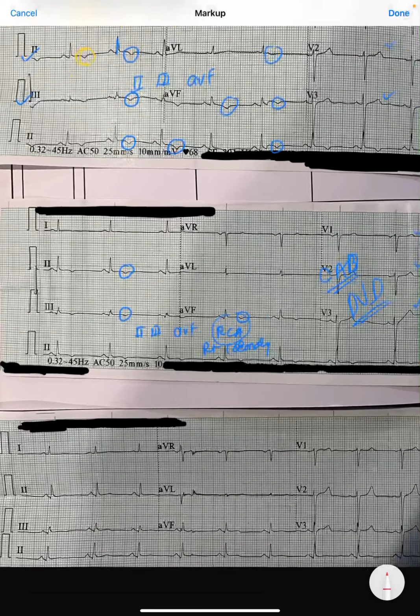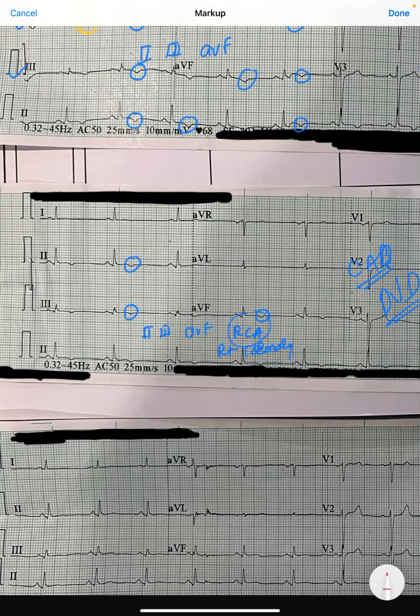So this was the ECG after doing PTCA, stenting to the LAD as well as RCA. For the RCA territory, you can see that the T inversion is gone. The T inversion is not at all there. And the prominent T inversion which was seen in lead 1 is gone here.